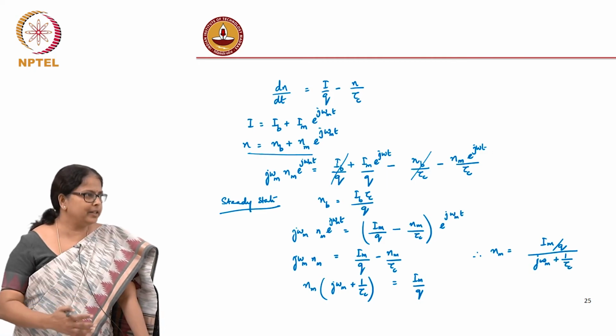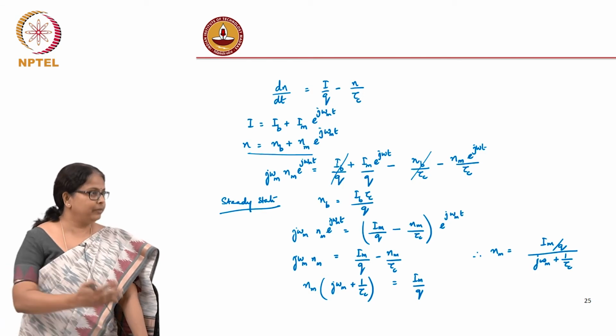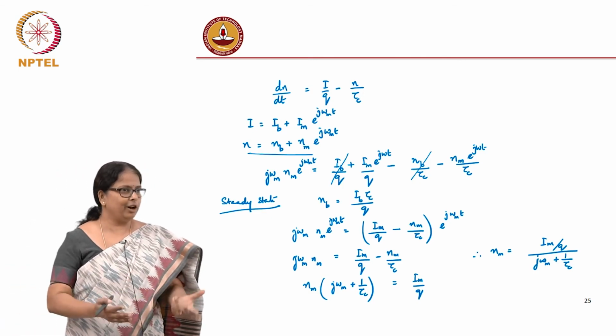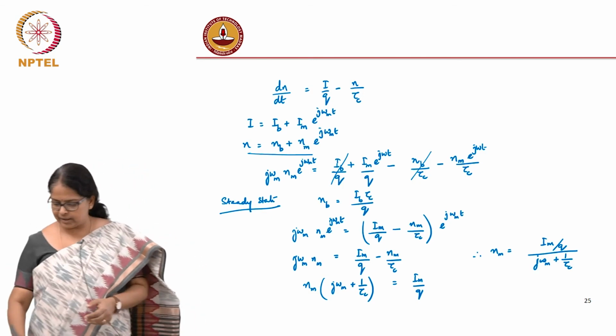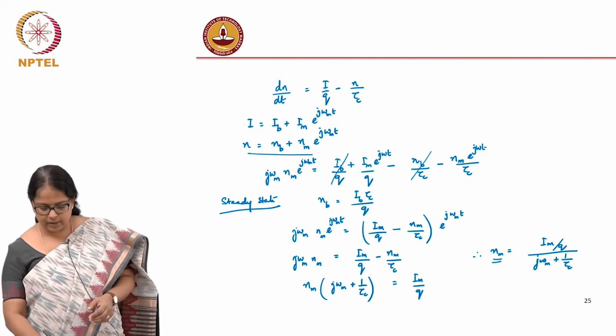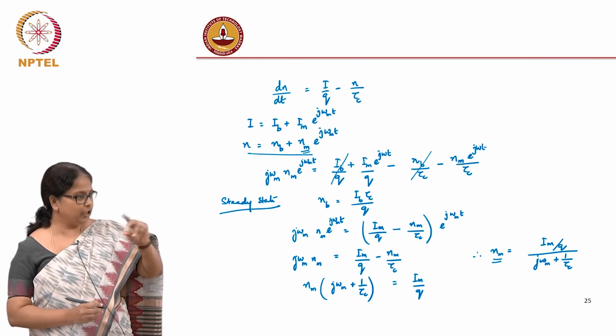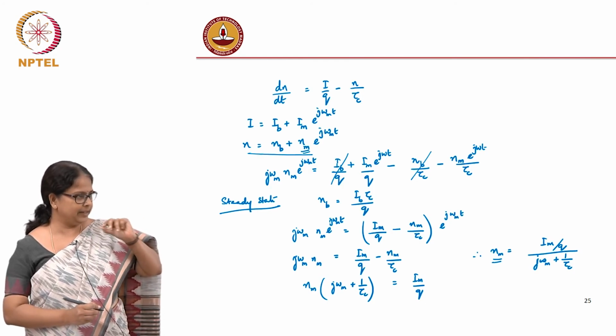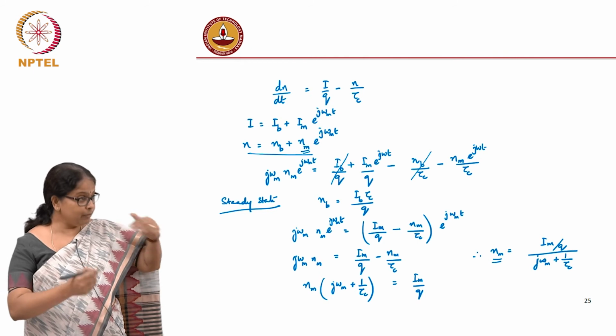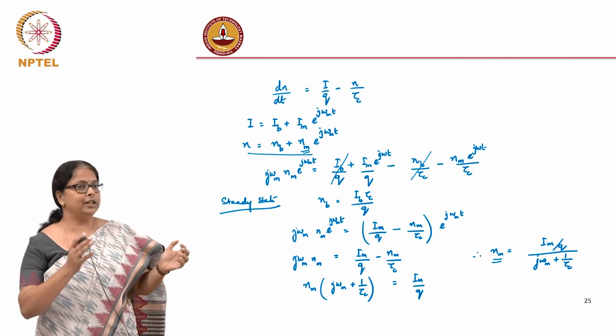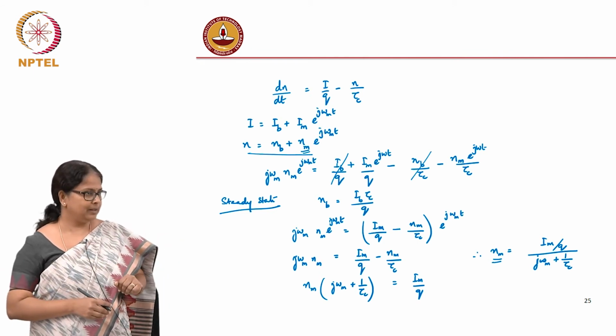What is the physical interpretation of what we are doing? That is what we need to do next. What is our objective now? Nm is actually the amplitude of the modulation in carrier density. What do we want to do now? We want to find out the response of the system.